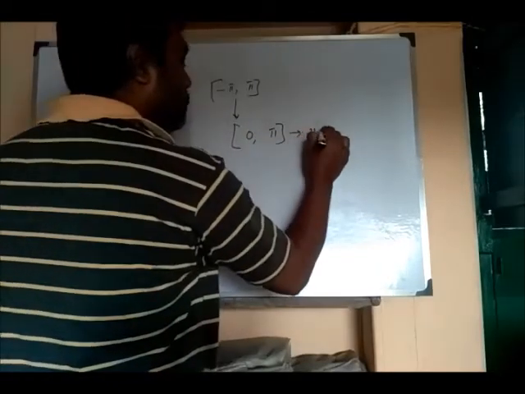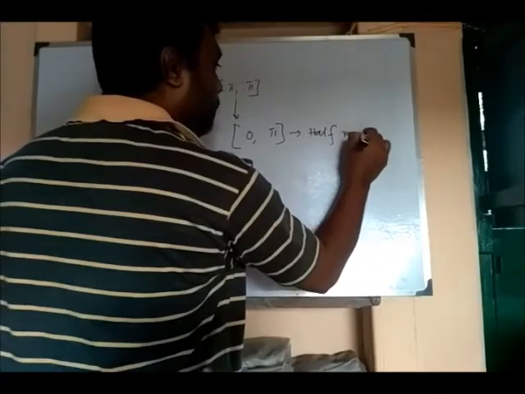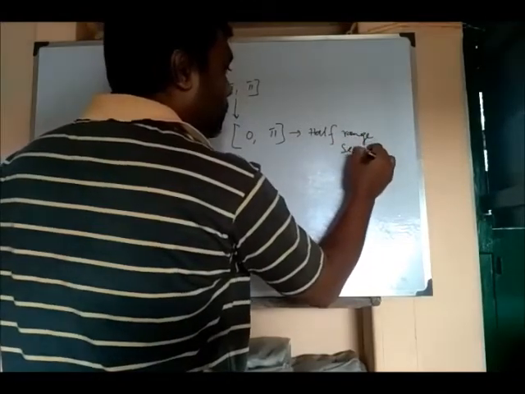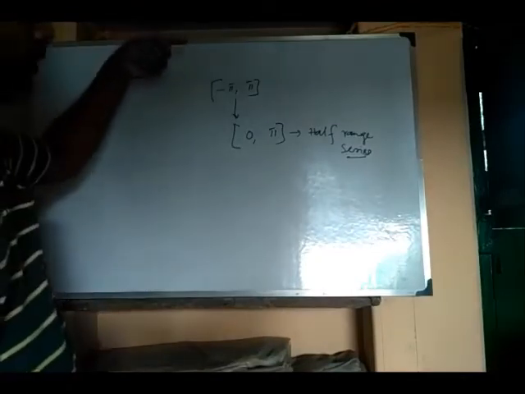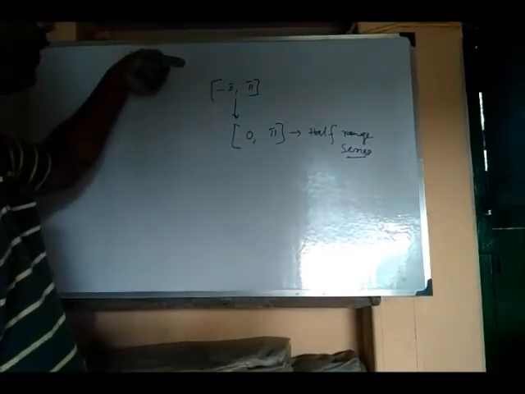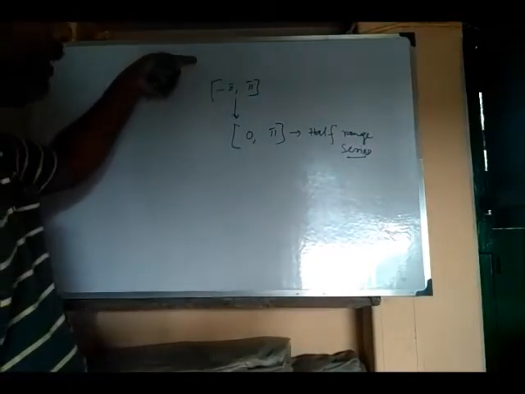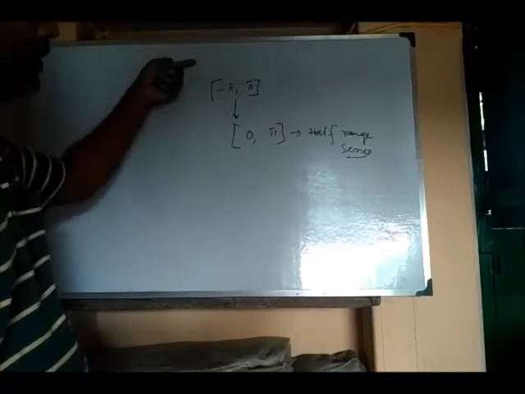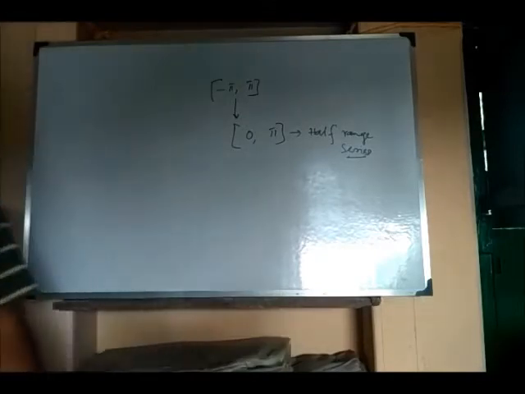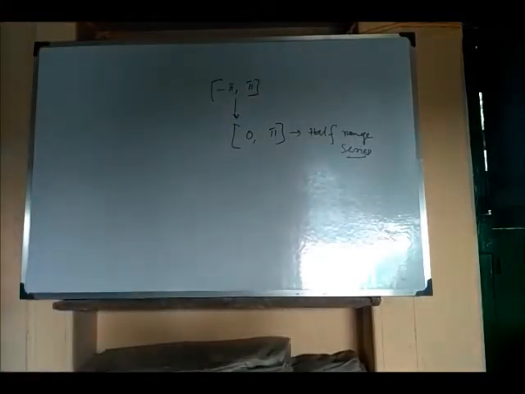So this is called a half range series, right? You can transform either the even function or the odd function, not in terms of a full range series, but into the half range series. So this is called the half range series.